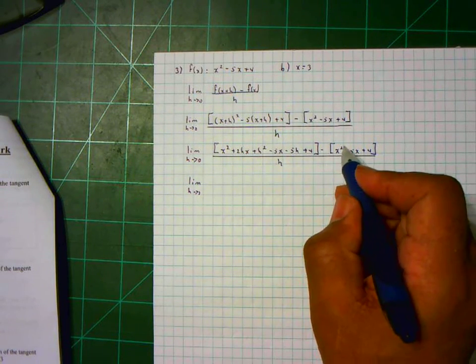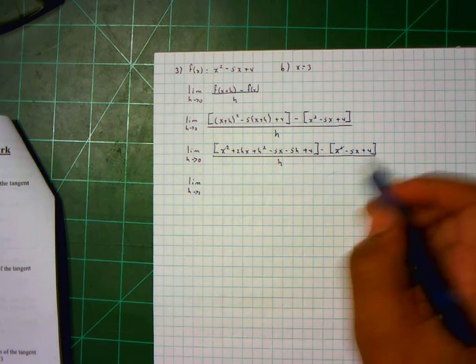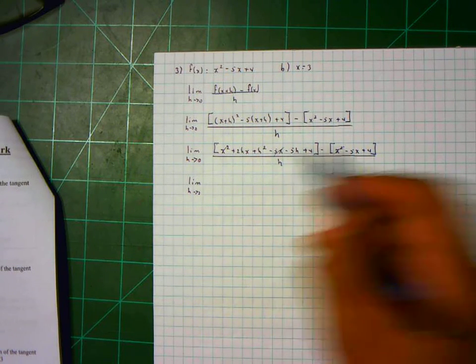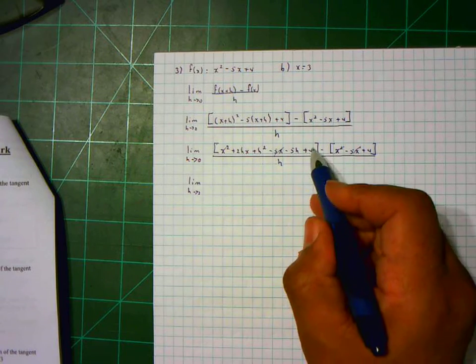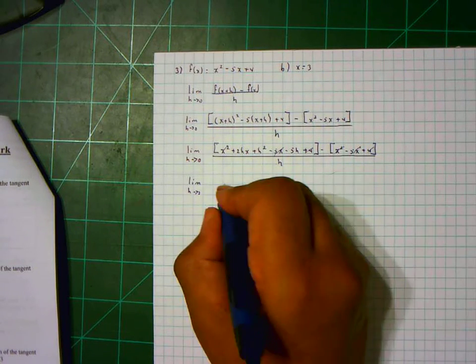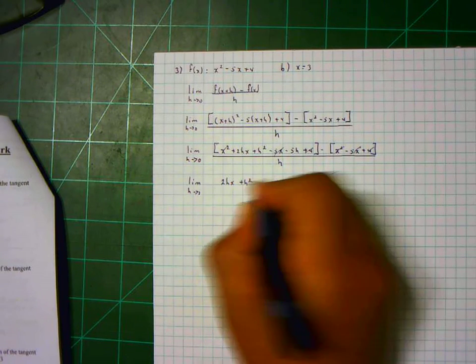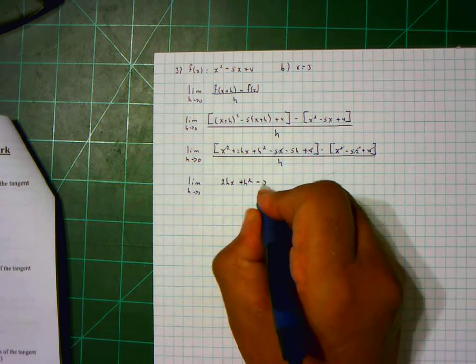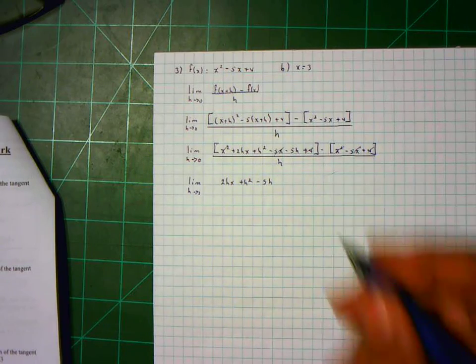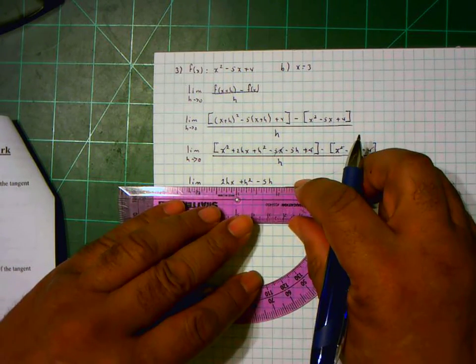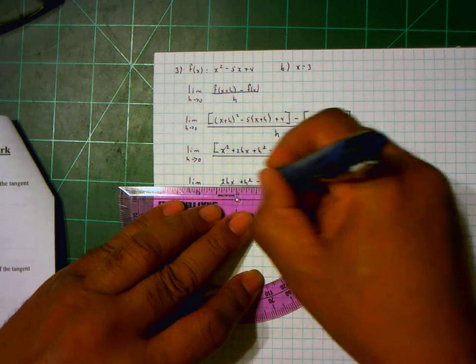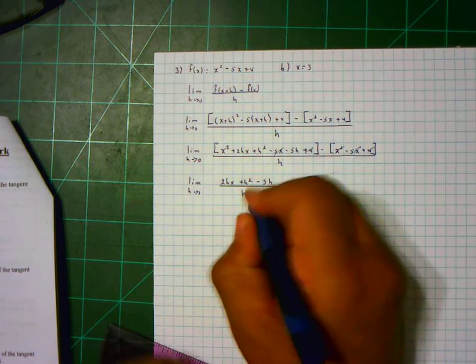Now if we come back up here, the x squares cancel out, the 5x's cancel out, and the 4's cancel out. So I'm just left with 2hx plus h squared minus 5h all over h.